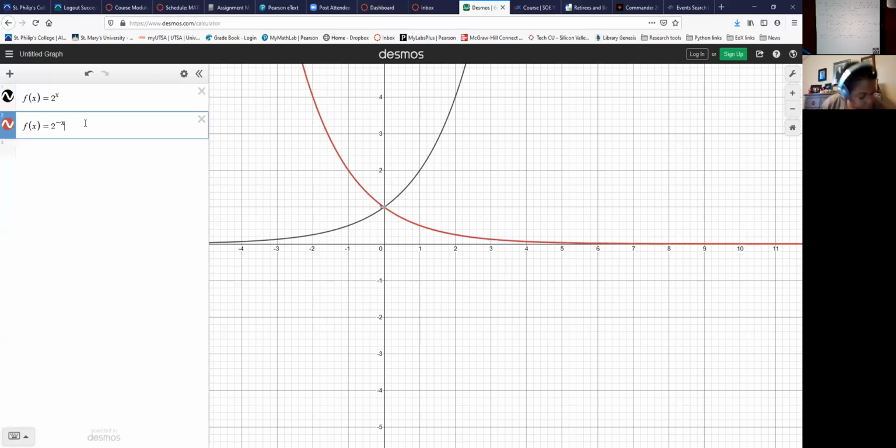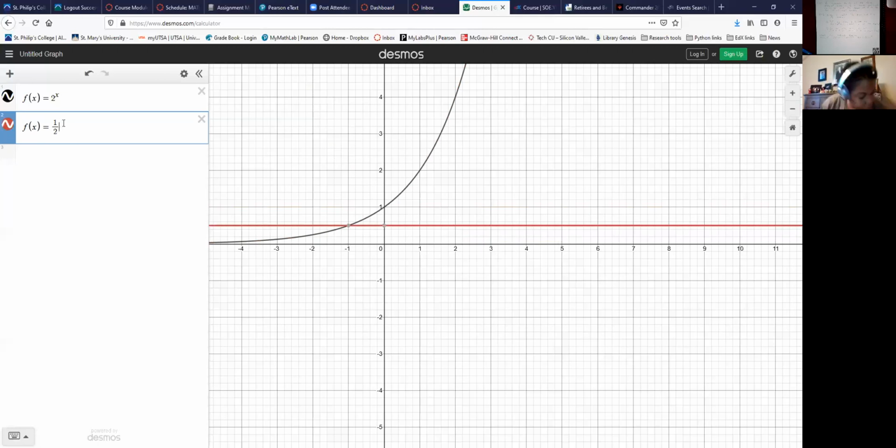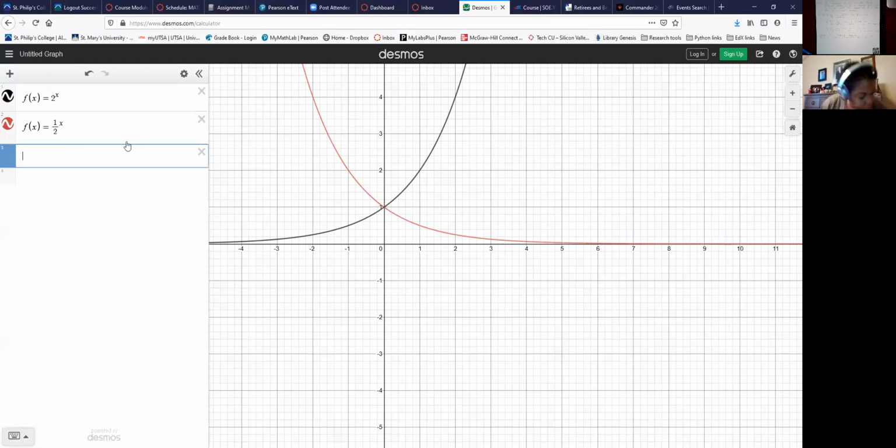So this would be the same as saying 1/2 to the x, the same deal. You see that? So negative power just means you take the reciprocal of what's in here. Anyway, that's what they look like. This is the definition, and that's how they grow. Okay.